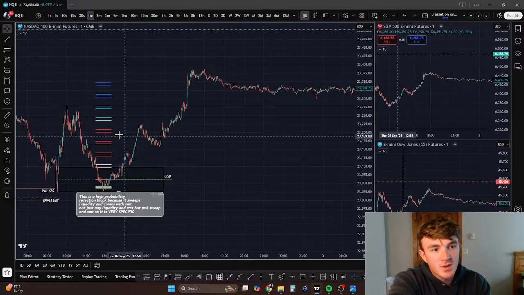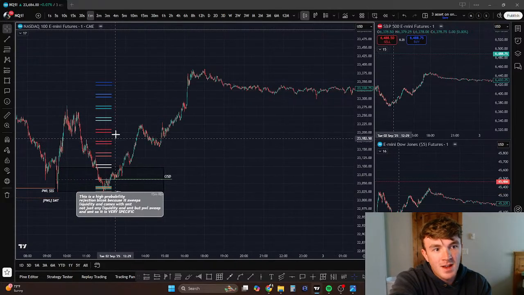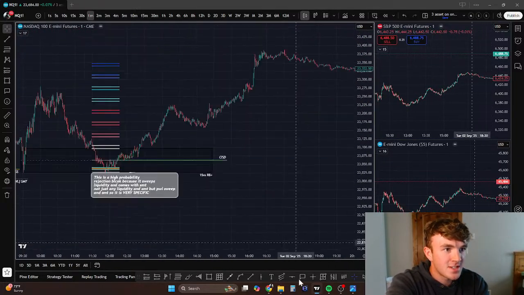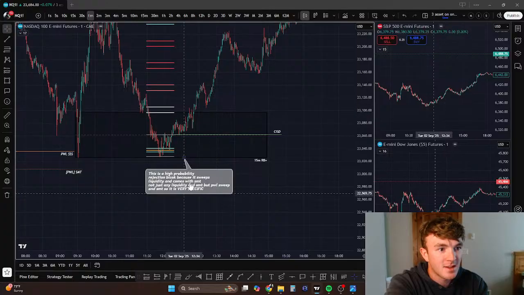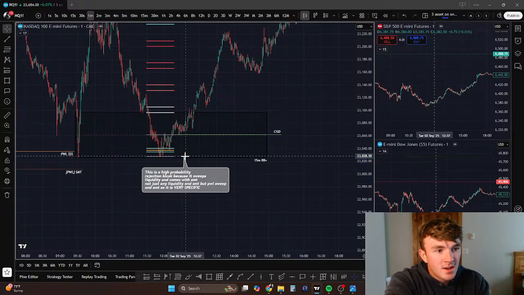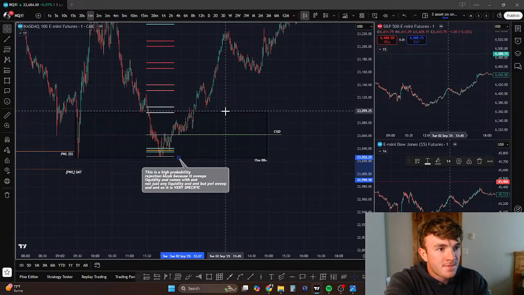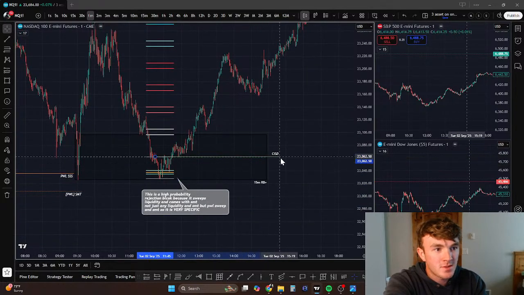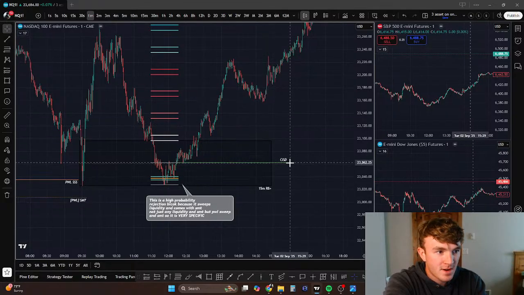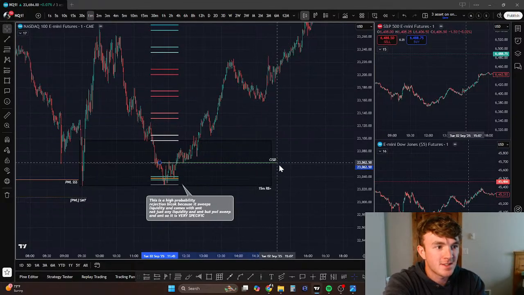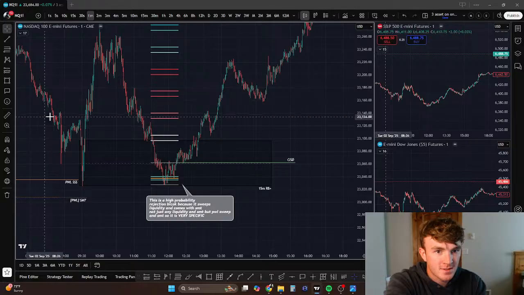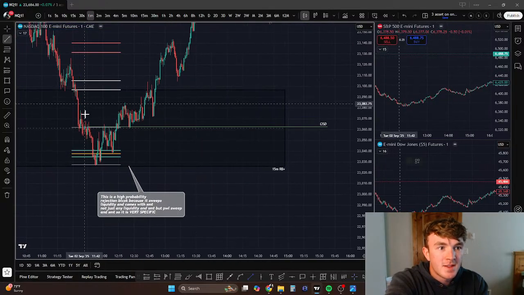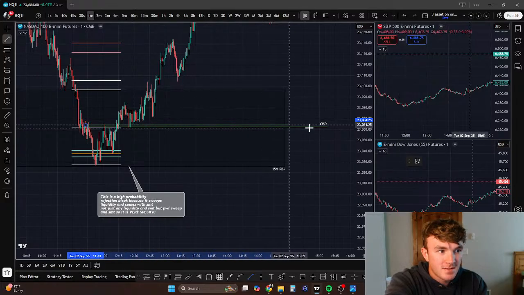If there's a good liquidity pool that lines up with the third, I'll take profit at the third instead of the fourth. Makes sense, right? Here's a spot you could take profit, now pair it with liquidity and make it make sense. Pair it with an actual place where there's going to be stop losses and use common sense. The standard deviations themselves are basically just an outline to give you an idea.